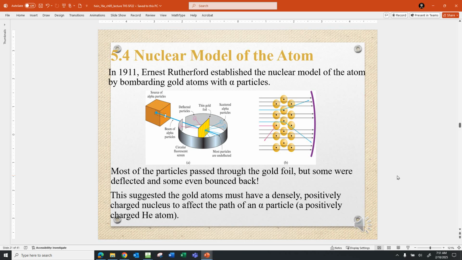So it wasn't everything positive with little negatives stuck in like Thomson thought. He looked at the atom as mostly empty space, and the centralized dense nucleus reflected particles back. So everything must be centralized in the center of the atom.